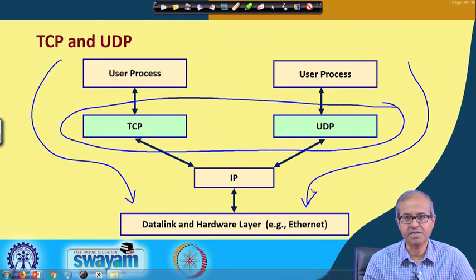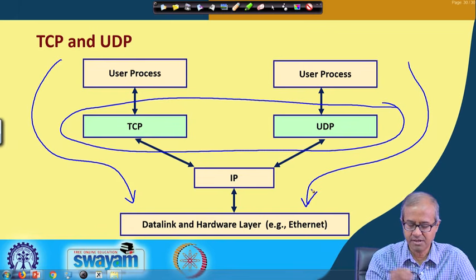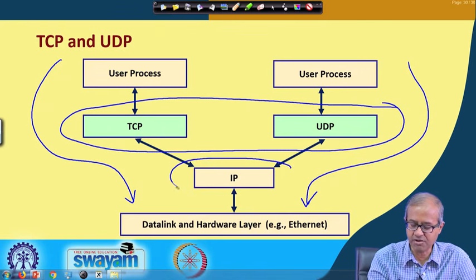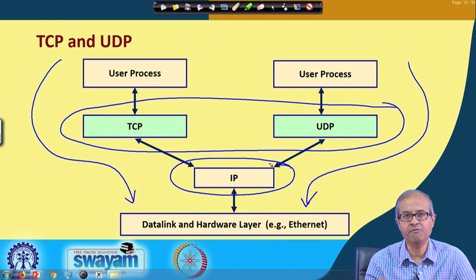It depends on the application, what kind of facilities at the transport layer level the user process wants, and accordingly it can do that. But the point to note is that whether you use TCP or UDP, at the network layer level you have no choice, you have IP and only IP.